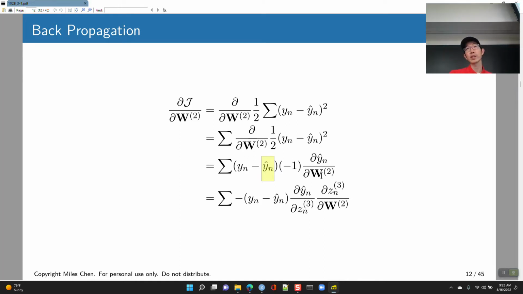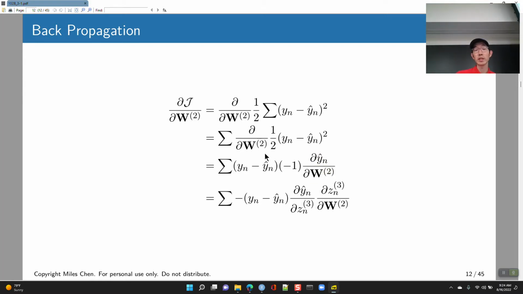So looking at this, I have a negative sign times y hat sub n. Using the chain rule, I multiply this by -1, and then I have the derivative of y hat sub n with respect to W2.